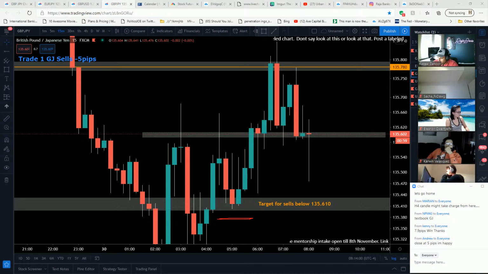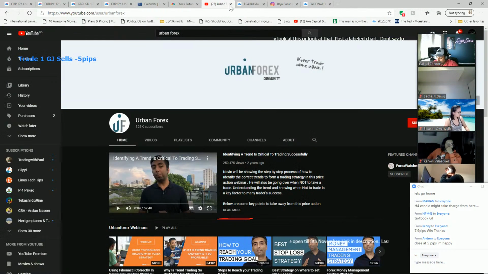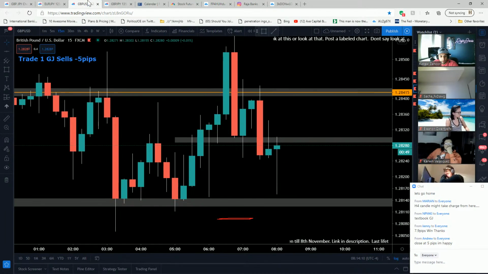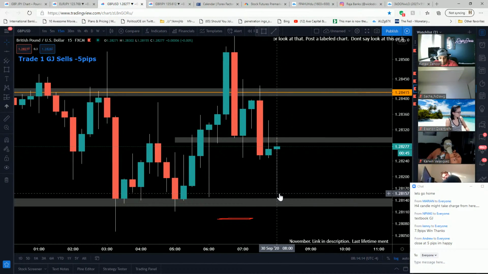Geo also did kind of the same thing. It came down to this area, rejected it, continued up.